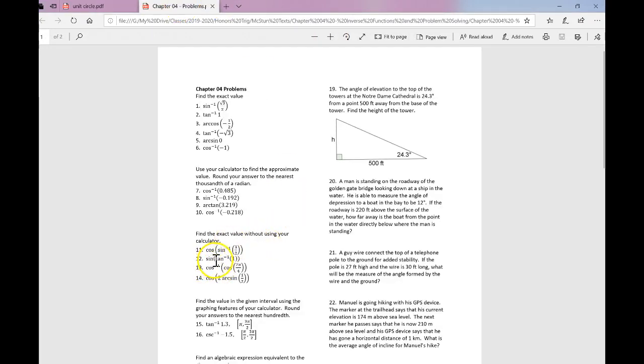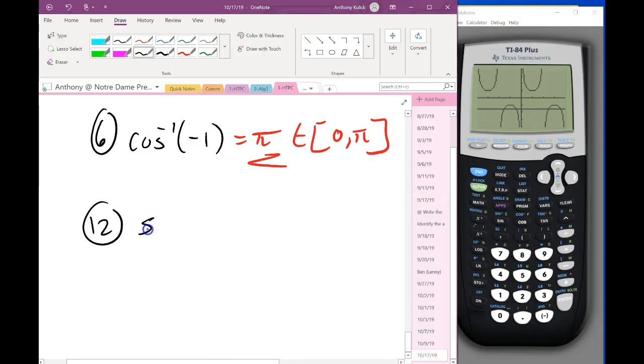So sine of tangent inverse of 1. We're going to work from the inside out. The first thing I want to do is find where tangent inverse is equal to 1.